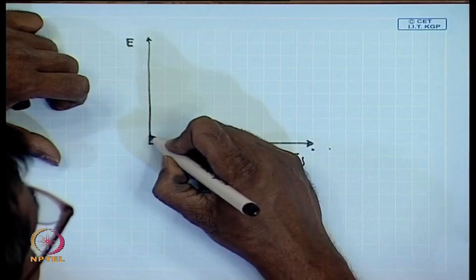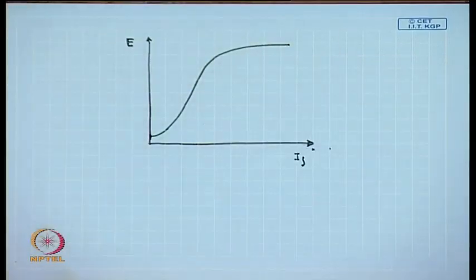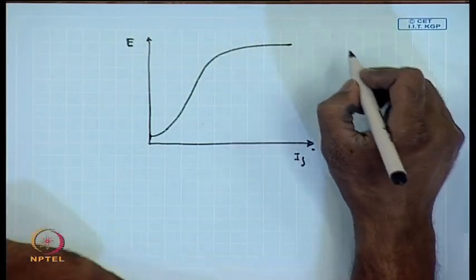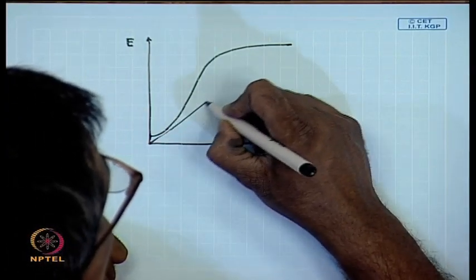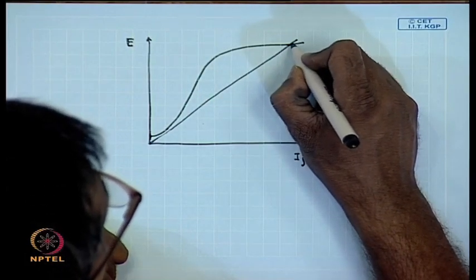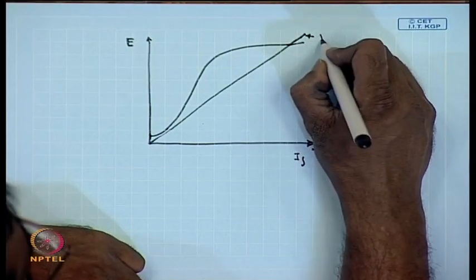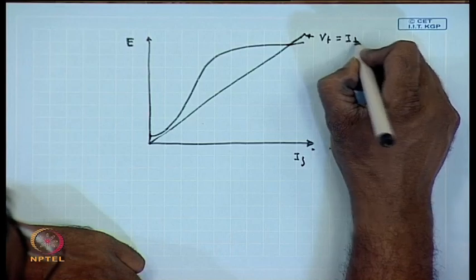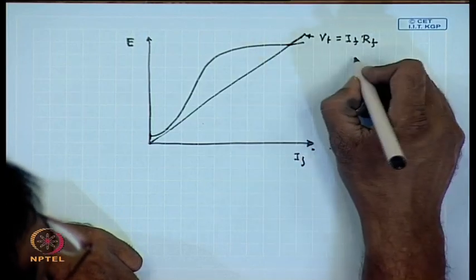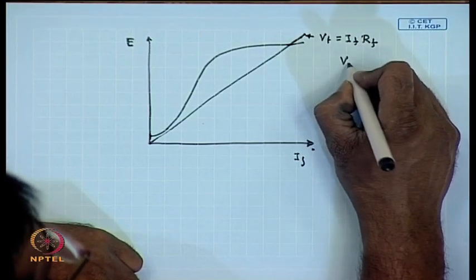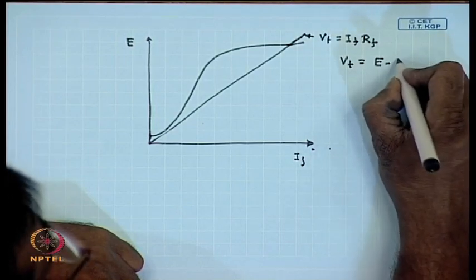If this is the OCC of the generator at rated speed and this is the field characteristics V t equal to I f R f at no load, V t equal to E minus I f R a.